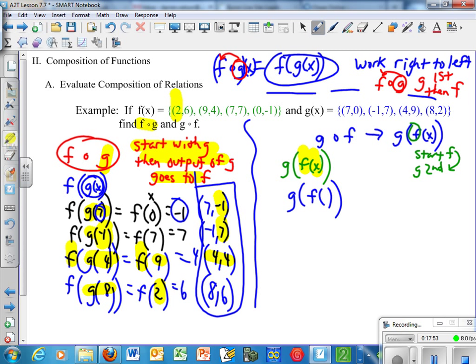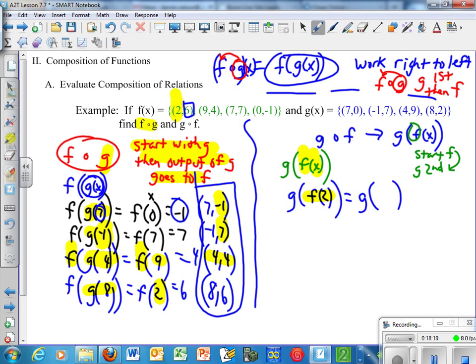Everybody see that right here? That's 2. So that's the first one I want to start with. Now that would be g of, what is f of 2? Well, 2 in this first function, that domain value or x value, gave a range value of 6. So 2 outputted a 6.